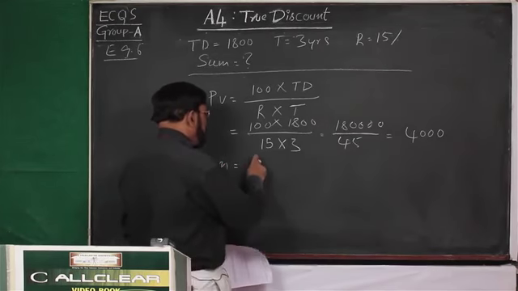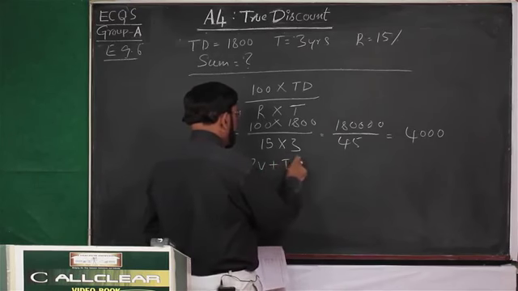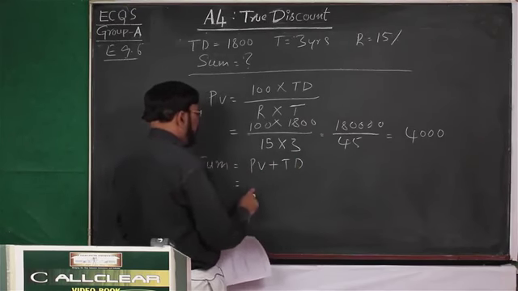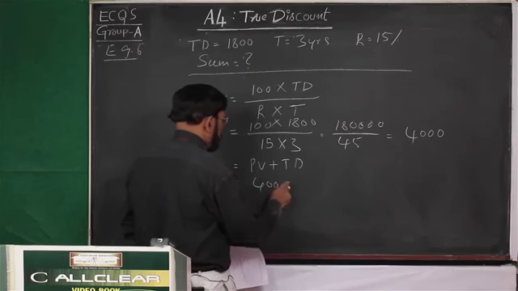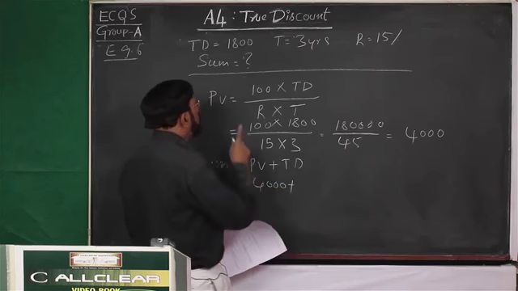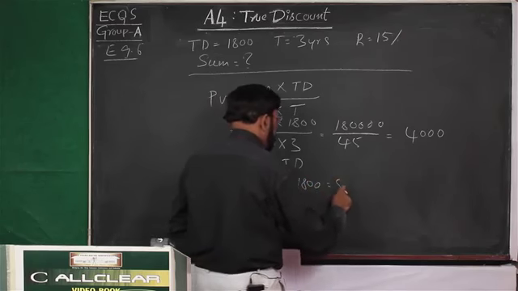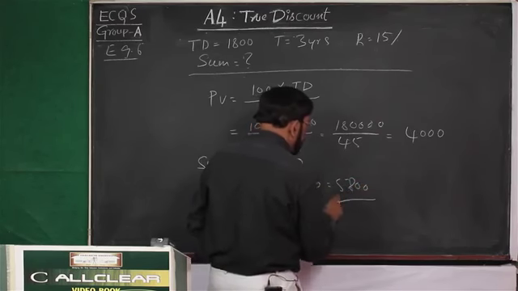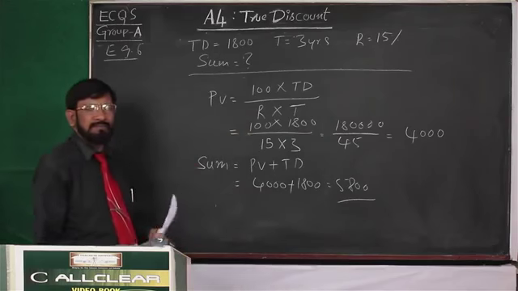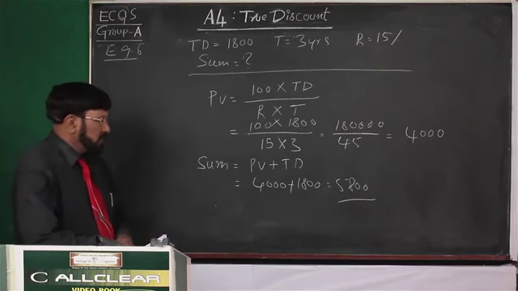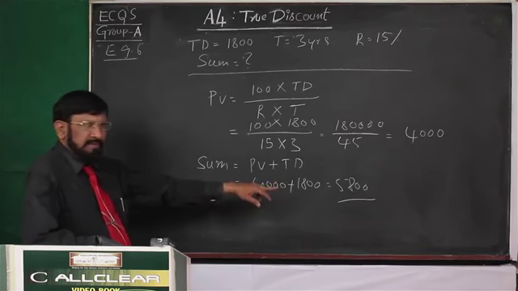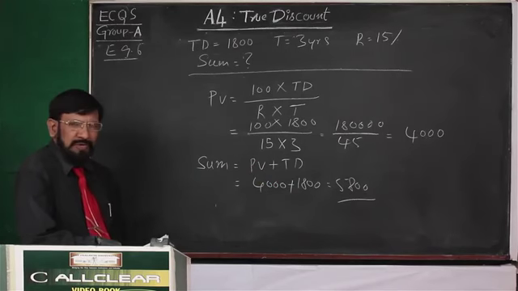This is PV plus TD. Then PV is 4,000 rupees plus true discount 1,800 rupees, 5,800 is the sum. So after calculation, you take the sum and you can cross-check.